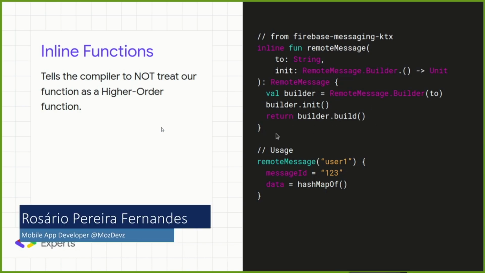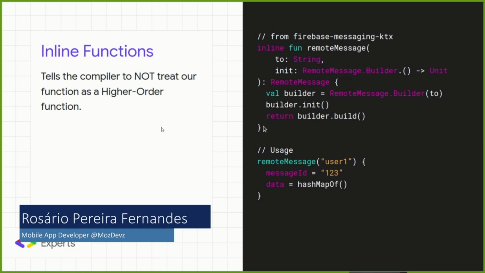If you don't use inline, the compiler will basically treat your function as an object, and obviously it will allocate some memory to store your object. So by using inline, we're saying that we're passing a function as a parameter, but don't allocate memory for it. Instead, when you're compiling it into Java, just copy the function as it is to the bytecode.